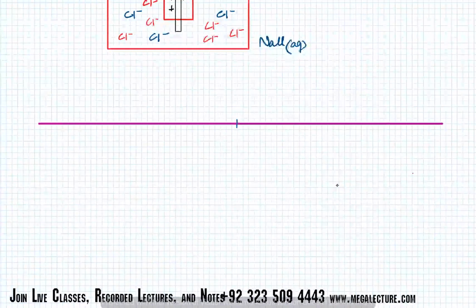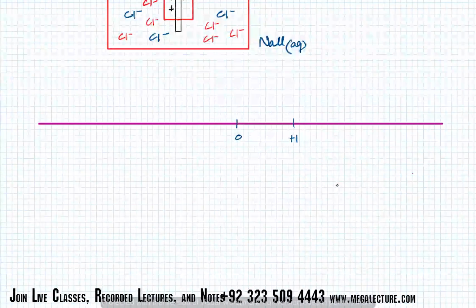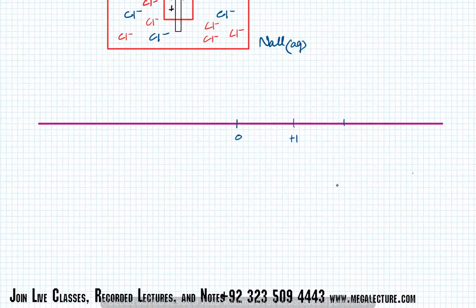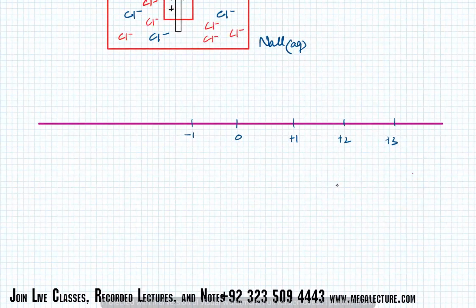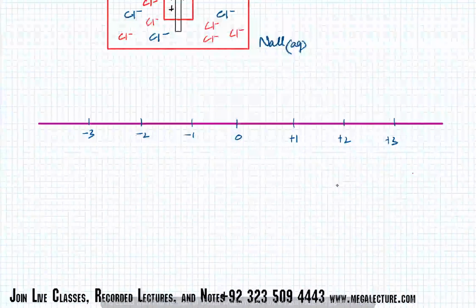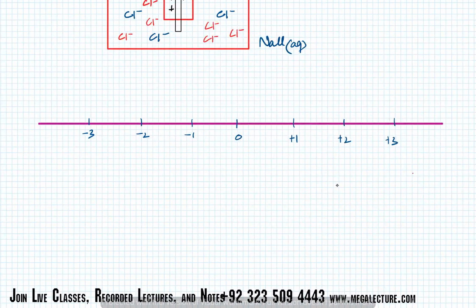So we've got 0, and usually it's just +1, and on this side, you've got -1. Now remember, this is your E0 scale.